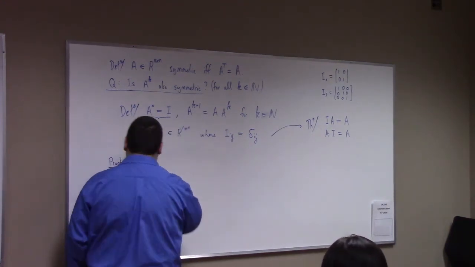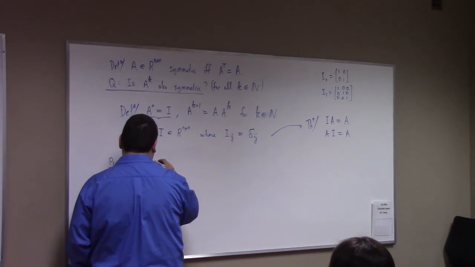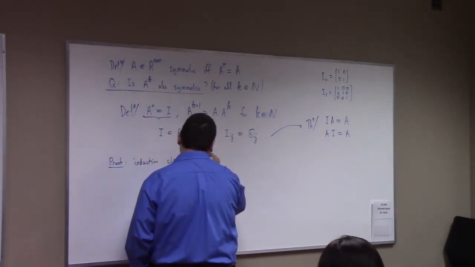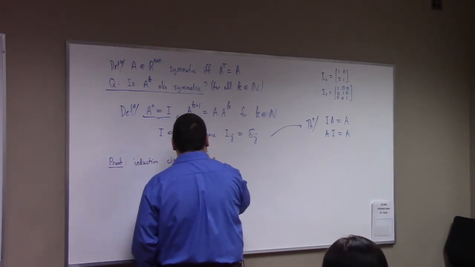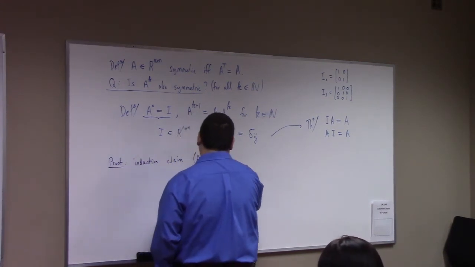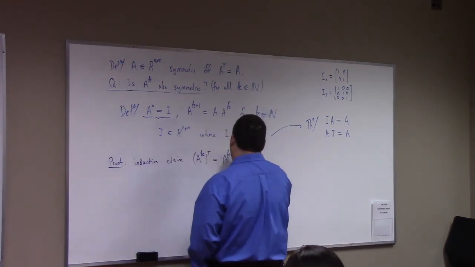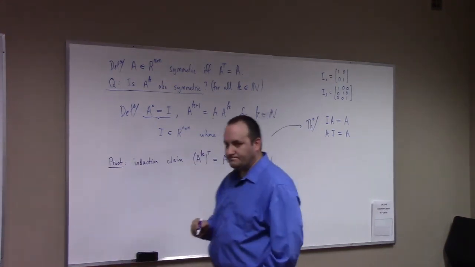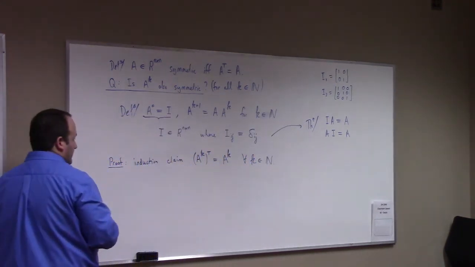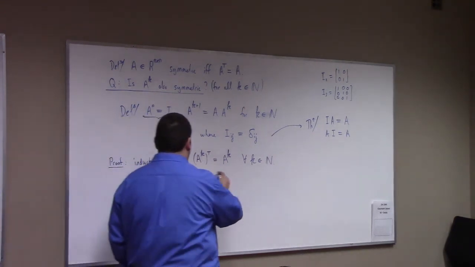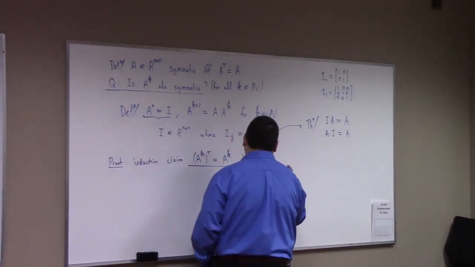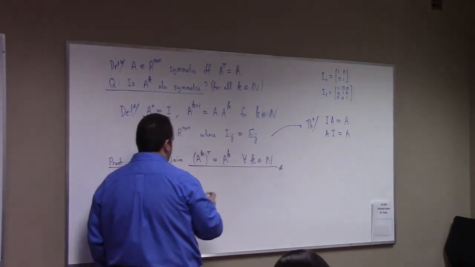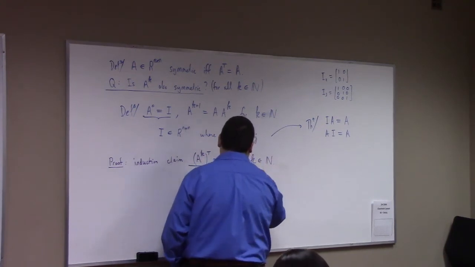So our induction claim, let me write it out, is that A to the k transpose is equal to A to the k for all k in the natural numbers. Let me call this claim star, without the for all. Just the claim.